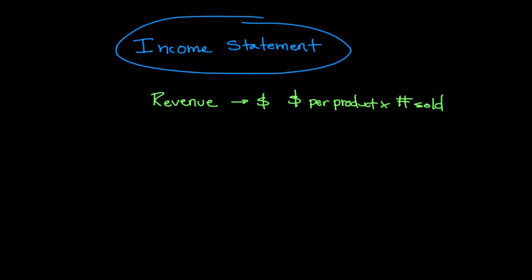But if you are a large corporation that sells a variety of different goods and services, goods being tangible products and services being intangible products, then this can be very complicated. But it's the first figure that we have. Anytime that we sell or offer things for a fee, that money counts as revenue.